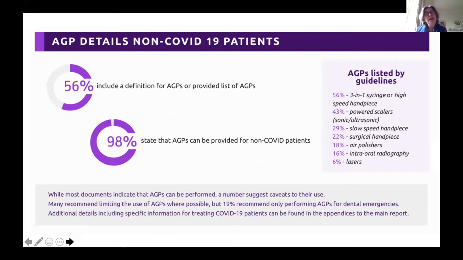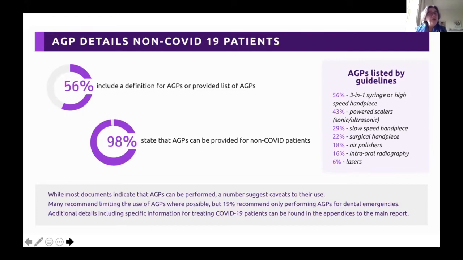As you can see here, almost all stated that AGPs could be provided for non-COVID patients. Interestingly, the only guidance document not to do so was the one produced in Scotland.